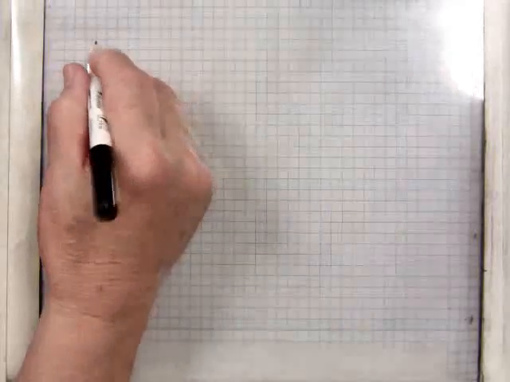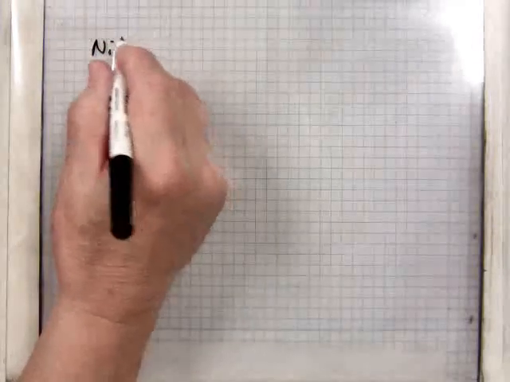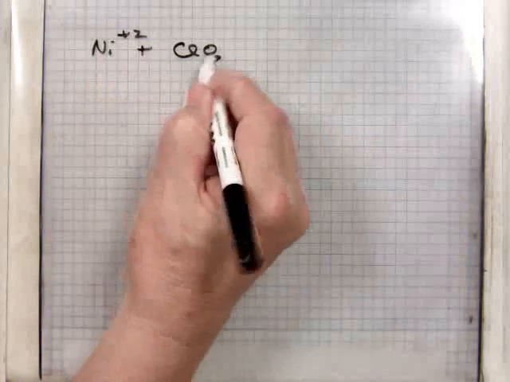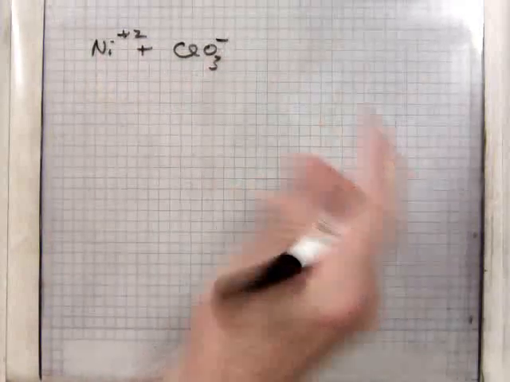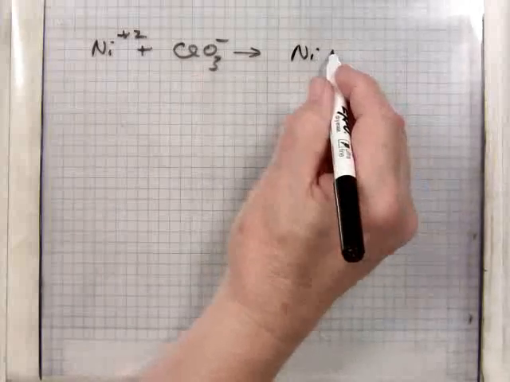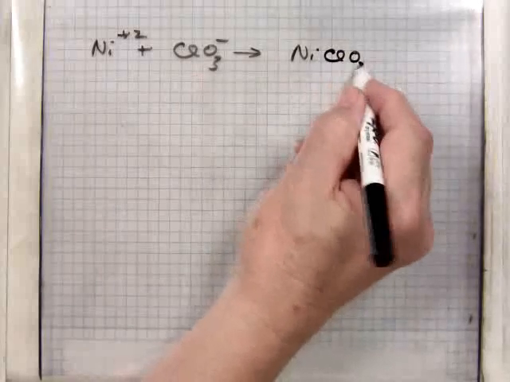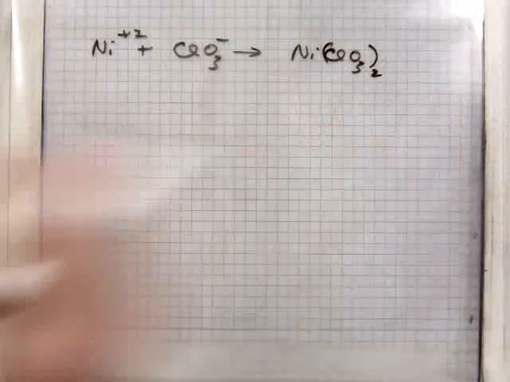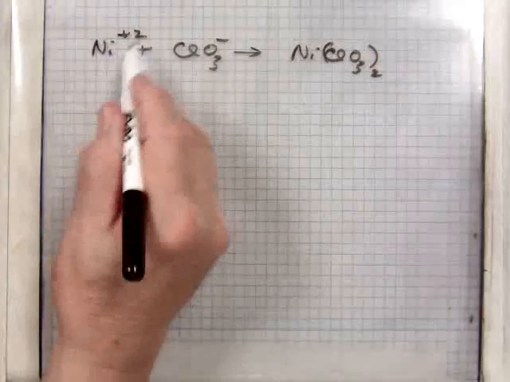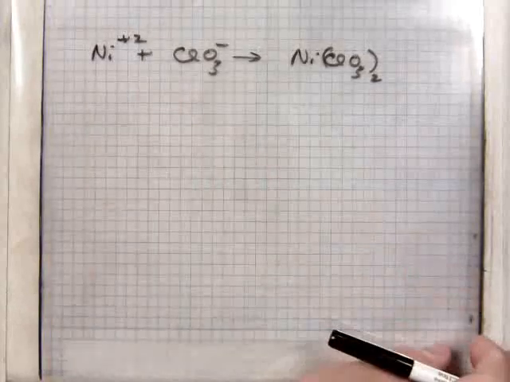Still have to put in the parentheses the oxidation states followed by the polyion. So if we had a nickel plus 2 combining with ClO3 minus, to give us nickel chlorate, you'd have to have 2 chlorate ions in there, but you would have to identify the oxidation state of nickel.